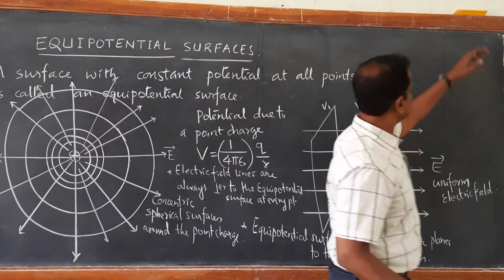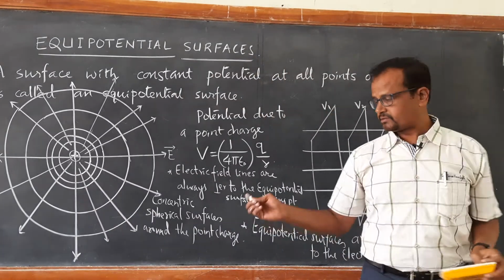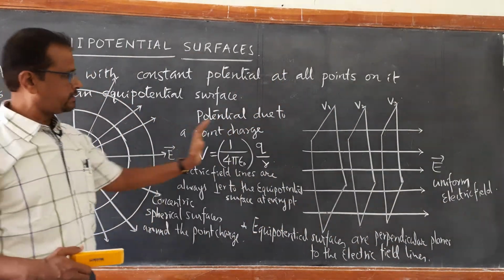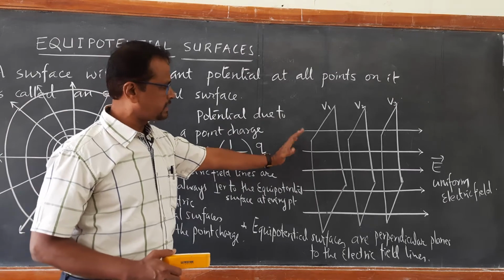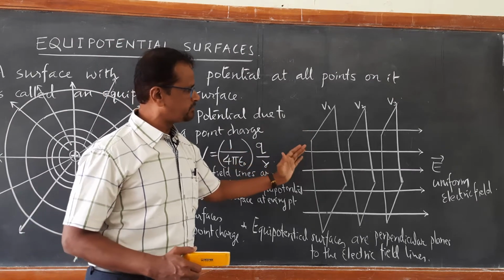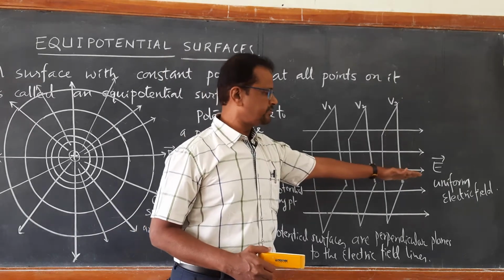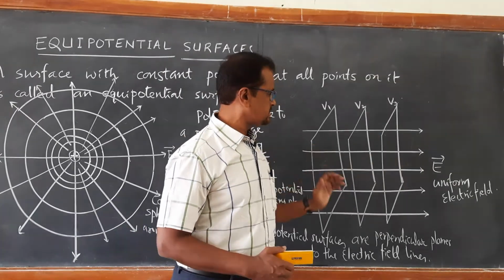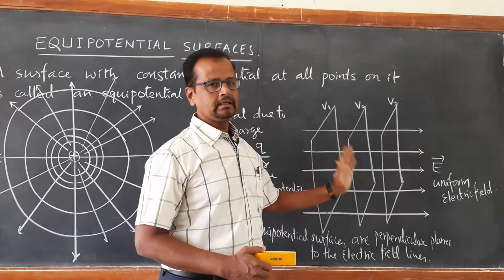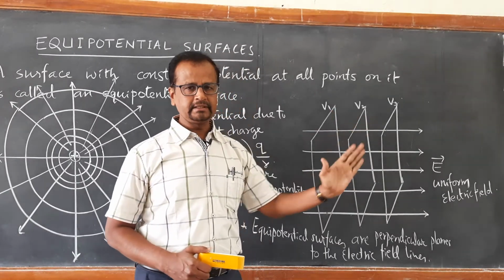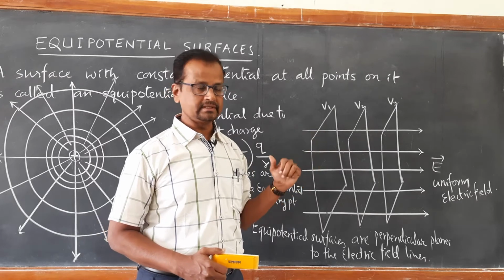So, you can see from this picture, from both the radial electric field and the uniform electric field, that if the electric field is acting along the x axis, then the YZ planes which are perpendicular to the x axis represent the equipotential surfaces.